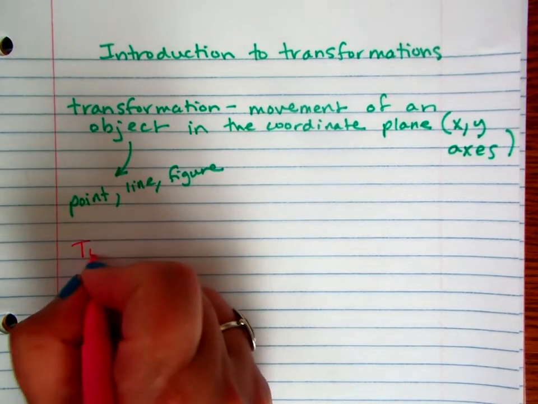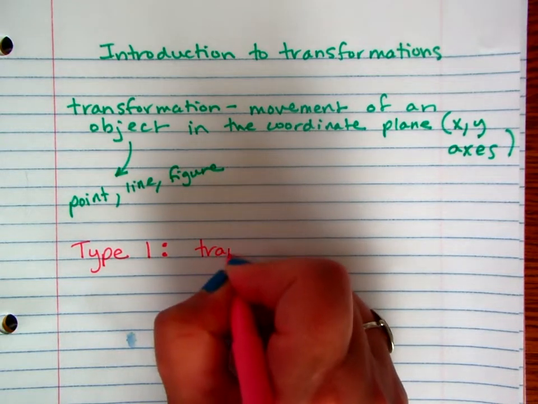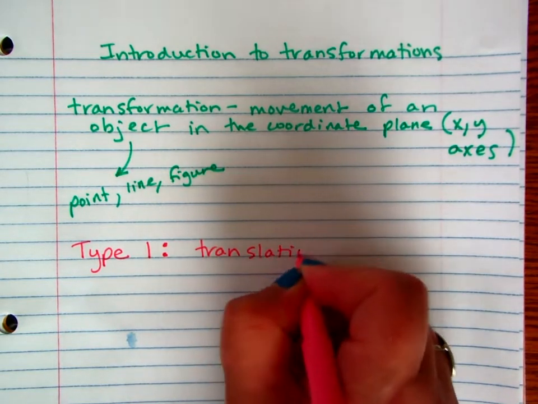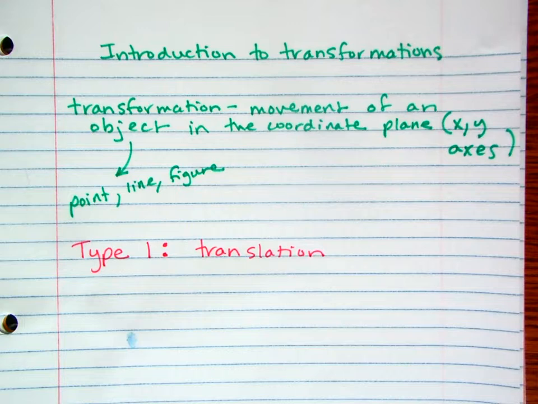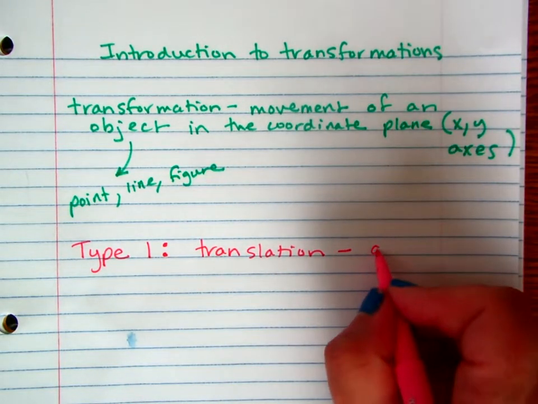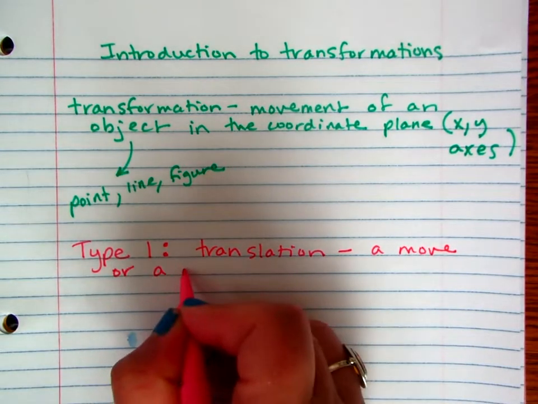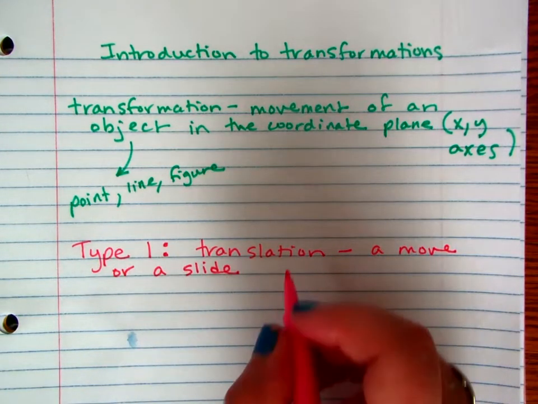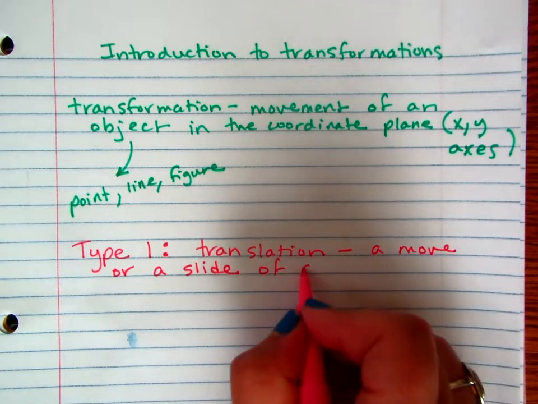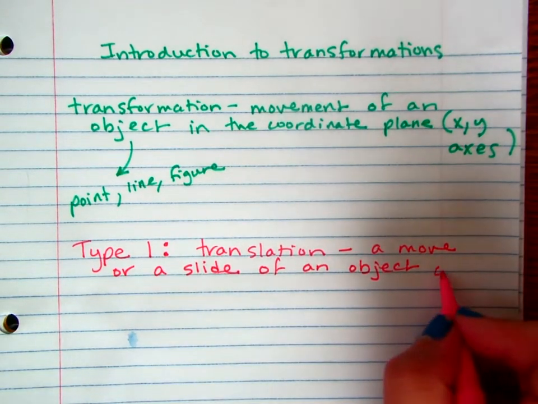So, it is called a translation. Okay, this specifically is going to be a move, or often it's called a slide of an object over a fixed distance.